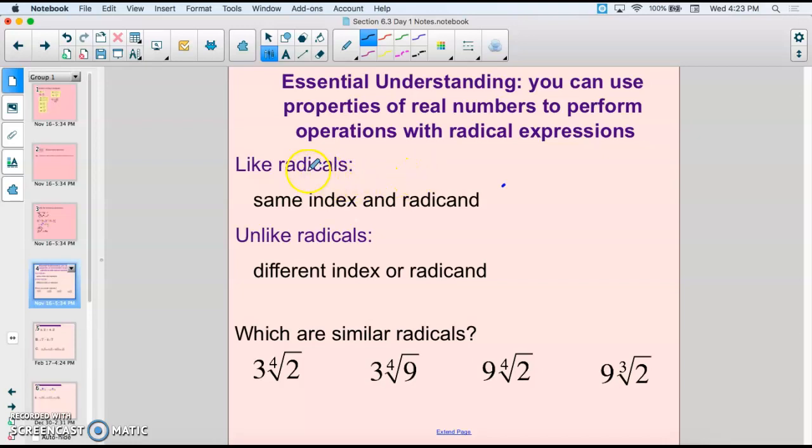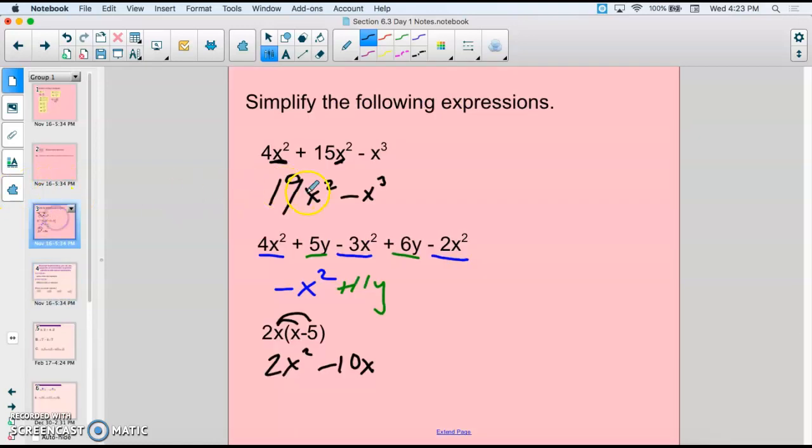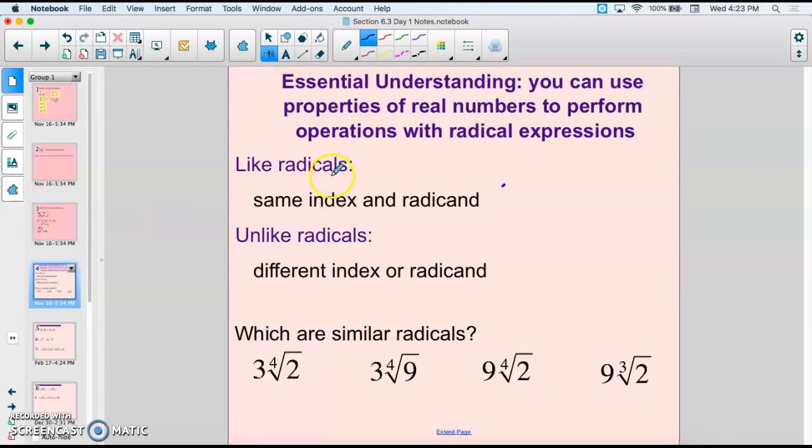How do we classify a like radical? Back here we classified a like term as having the same base and the same power, the base power combination. Now, a radical that is a like radical has the same index and the same radicand. Unlike radicals have a different index or a different radicand. So basically, which ones here have the same index?